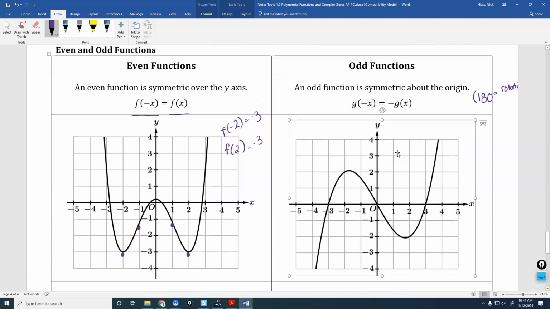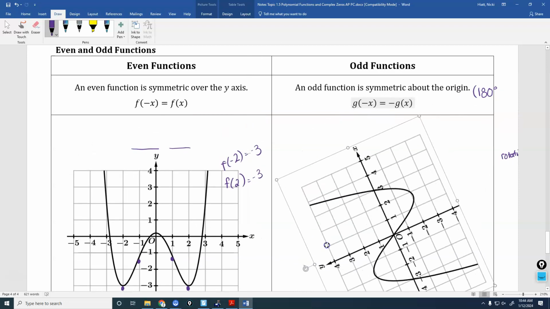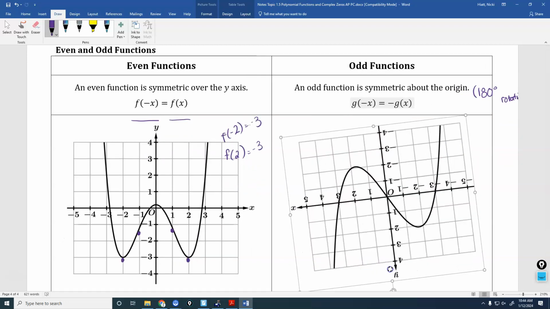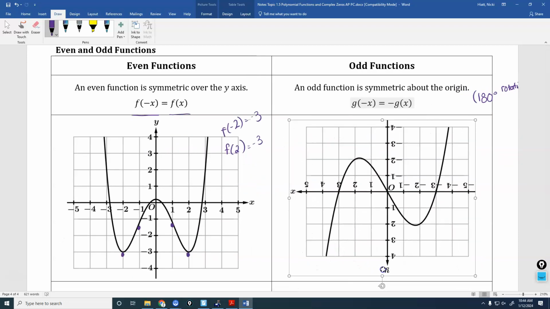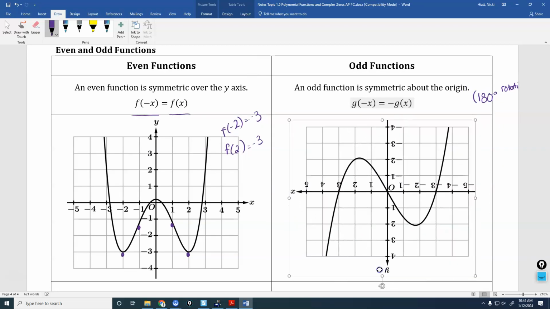You guys can do this on your paper. You just need to spin it upside down. If I take this graph and rotate it 180 degrees, I flip it upside down. Not really a flip, actually. I rotated it till it's upside down.